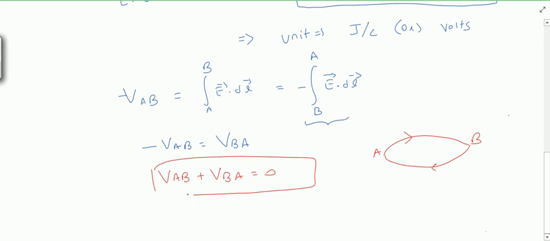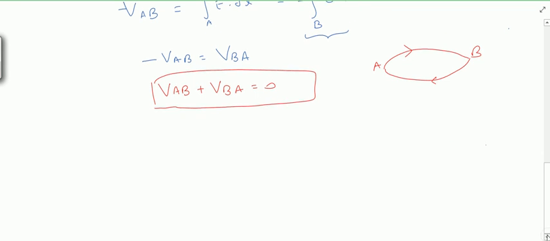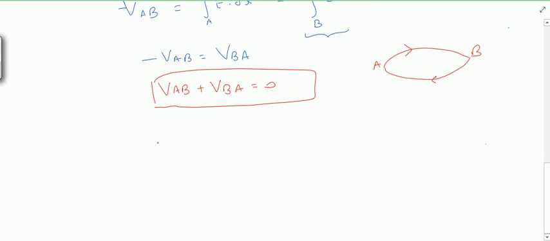So what this means is, if you close the path, that is you move a charge from A back to A, then the electric potential, or we can write it as E dot dl from the same position, we can also write it as a closed line integral of E dot dl, and it will be 0.